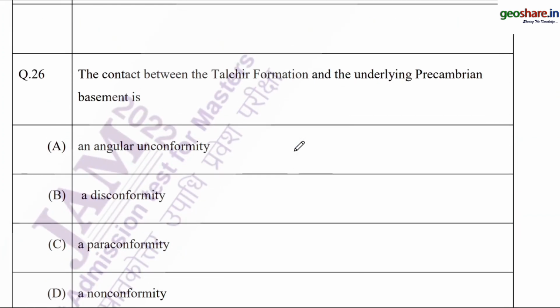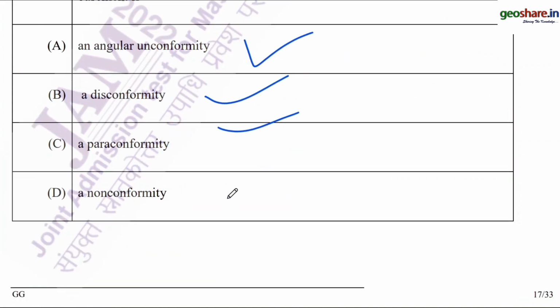The contact between the Tajir formation and underlying Precambrian basement is... Options: angular unconformity, disconformity, paraconformity, nonconformity.